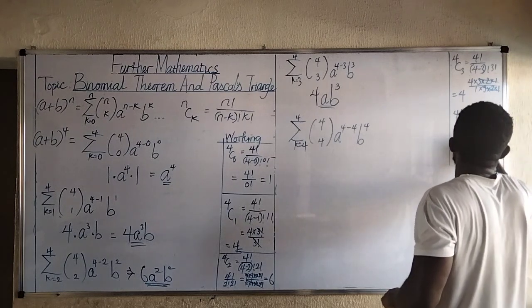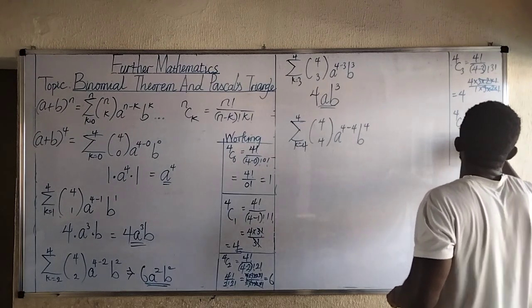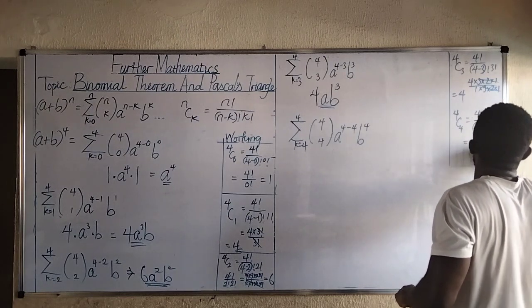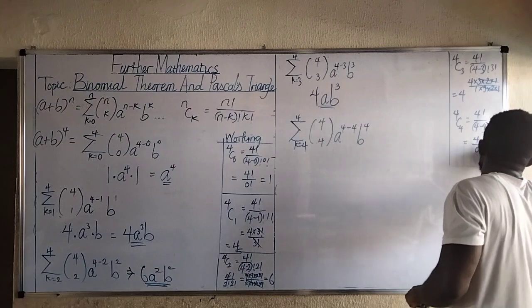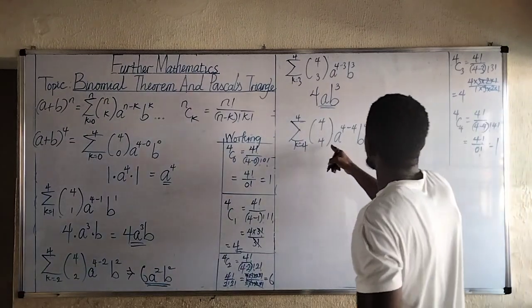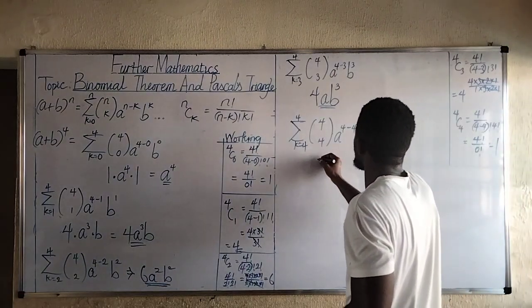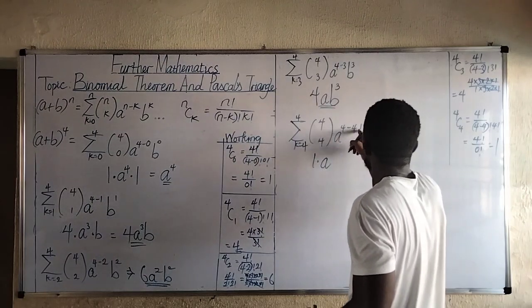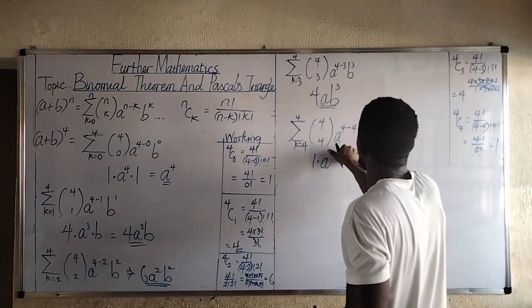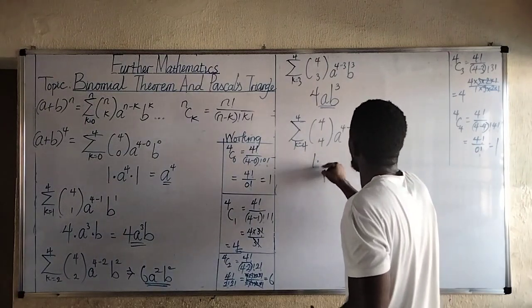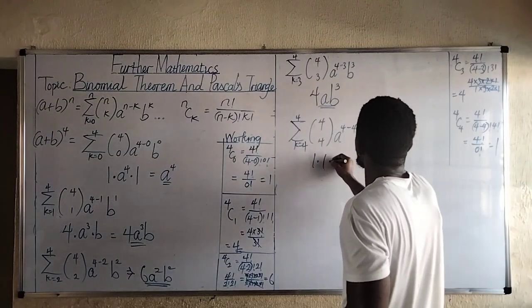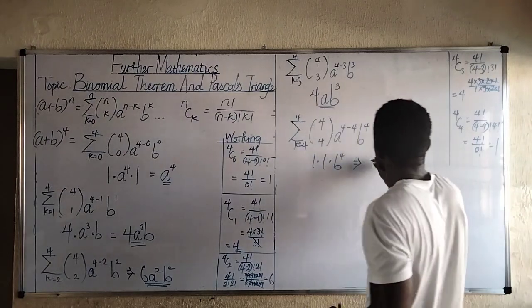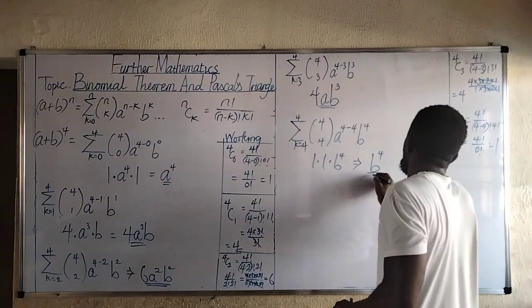So this will give me 4 factorial over 4 minus 4 is 0 factorial, times 4 factorial. 4 factorial over 0 factorial will give us 1. So the coefficient here is 1. We can write it 1 times a raised to power 4 minus 4 is 0. So a raised to power 0 is 1. So we put 1 here, times b raised to power 4. At the end we have b raised to power 4 after the multiplication.